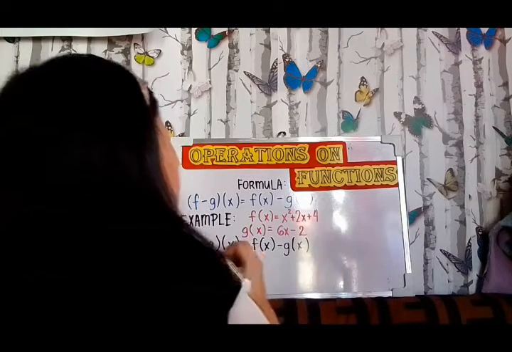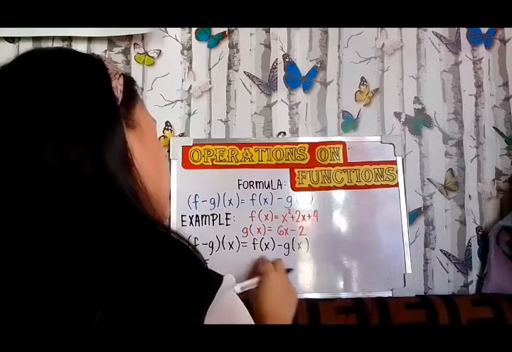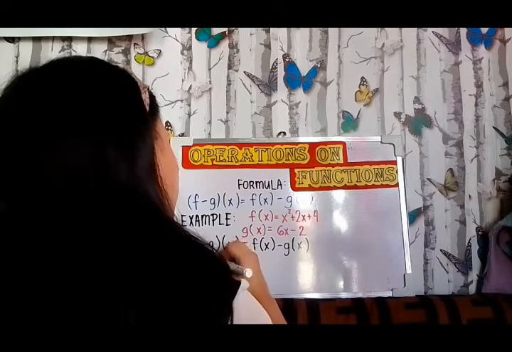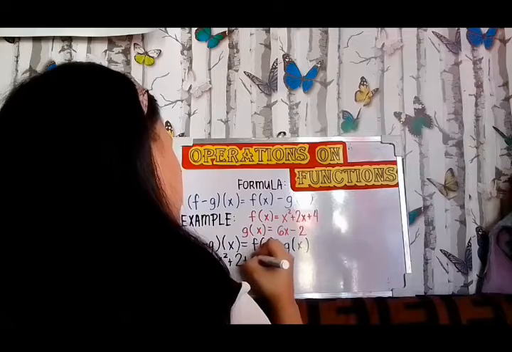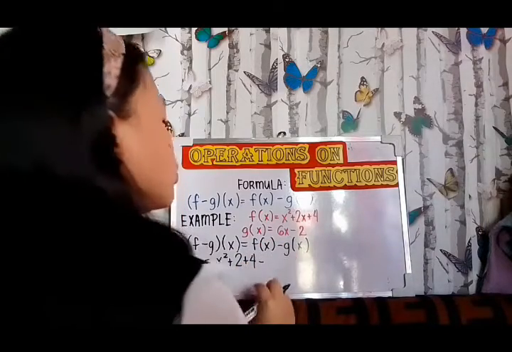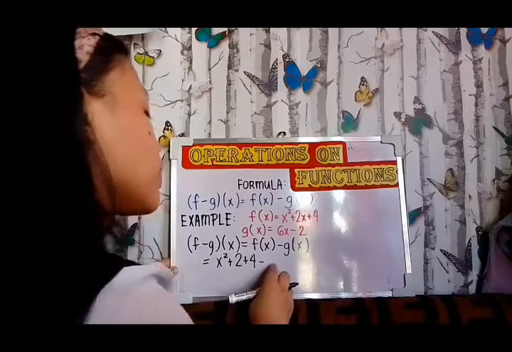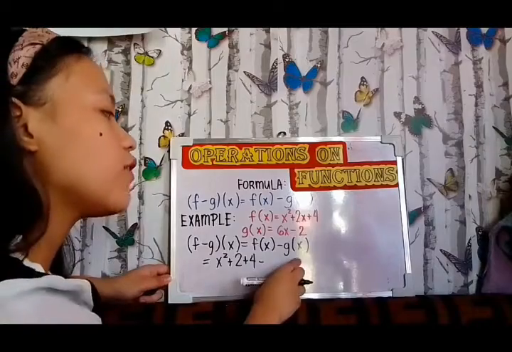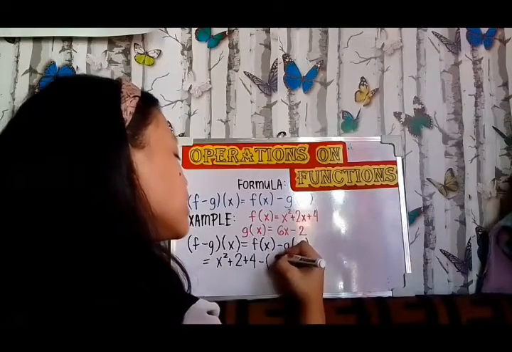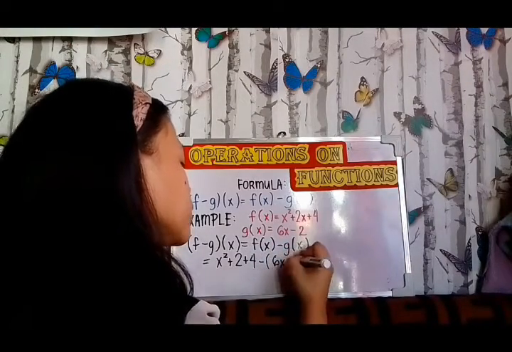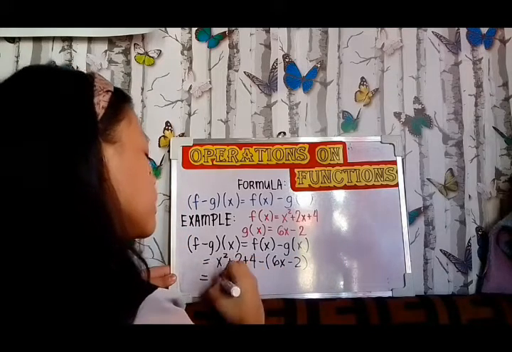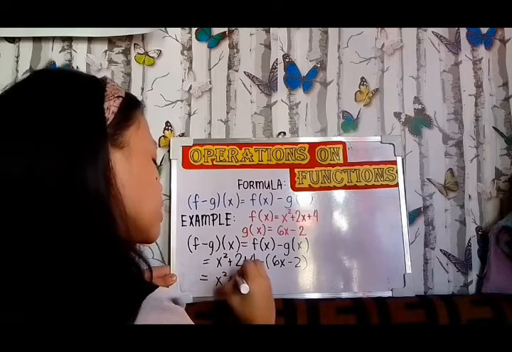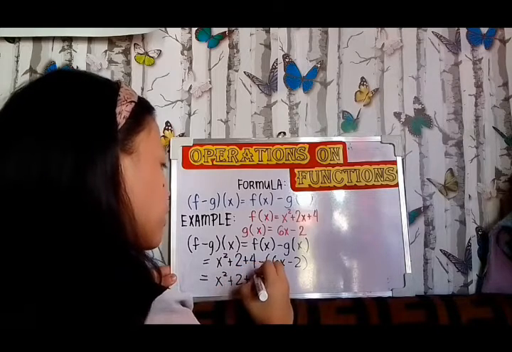Then we substitute the values in the formula. f(x) is x squared plus 2x plus 4, and do not forget the grouping symbol for the subtraction. So g(x) shall be 6x minus 2.